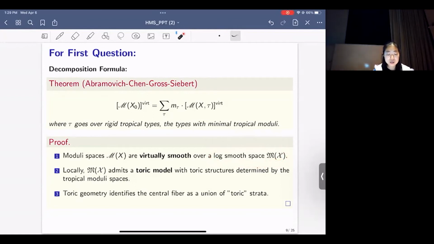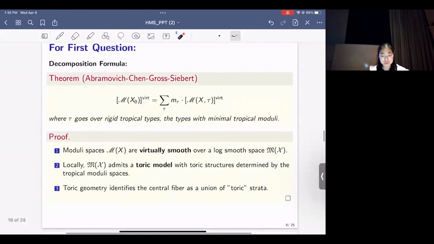Locally this is very nice, since it admits a toric model with the toric structure determined by the tropical moduli space. This is a very nice object. It is pure dimensional, and the toric geometry tells us how we get the central fiber by some toric manipulation.